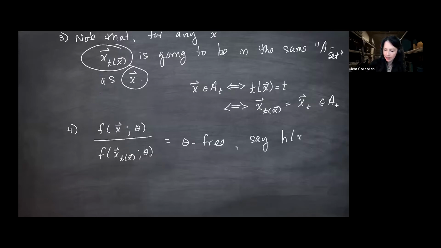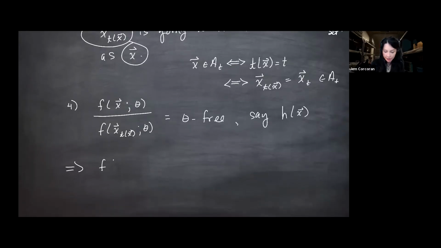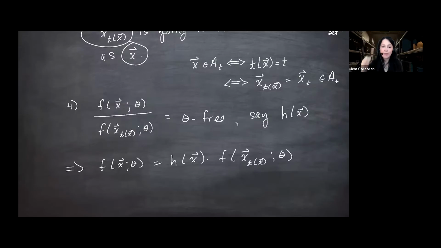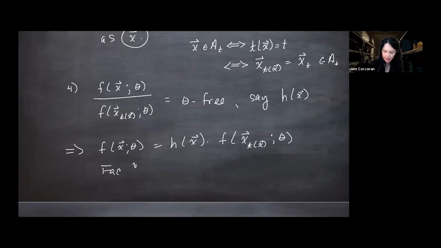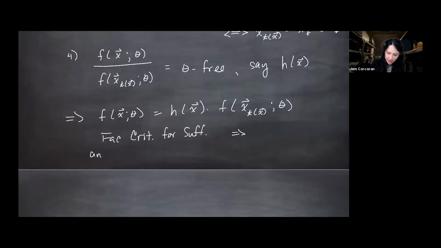So if this is theta free, say some h of x, then I have that the joint PDF for the x's and theta is some h of the vector x times f of x sub t of x and theta, and then by the factorization criterion for sufficiency, I also have to include the fact that x sub t of x is a function of t.